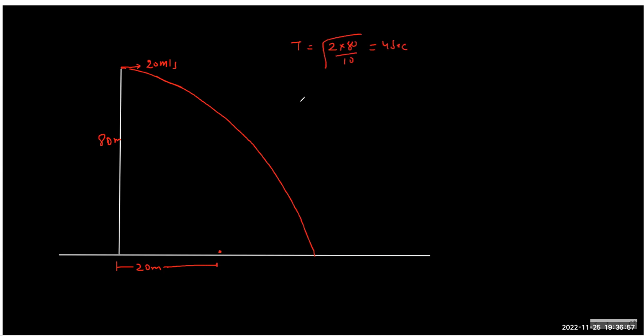That is 4 seconds. So after 4 seconds, the bomb will fall on the ground, right? And what is the range, by the way? Tell me, guys, what is the range?